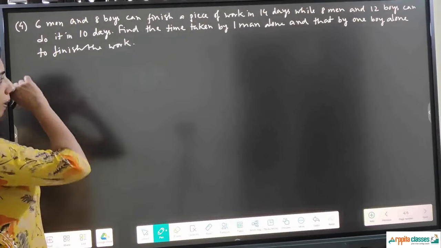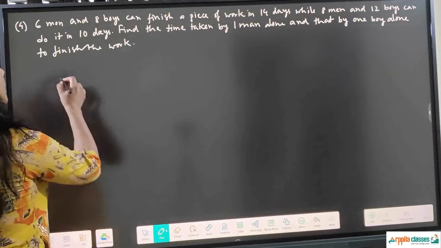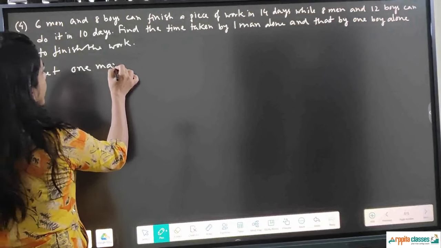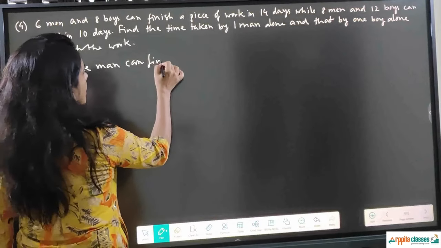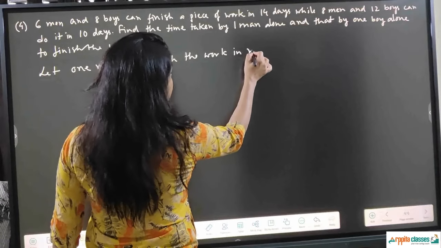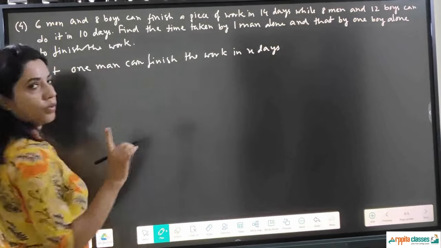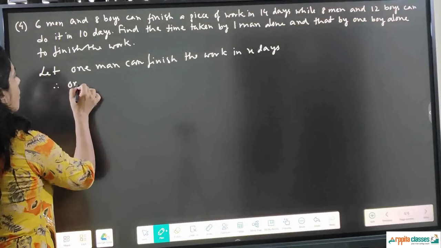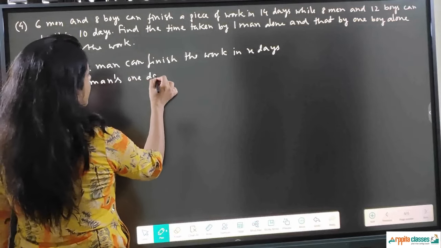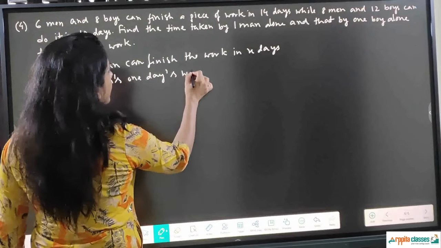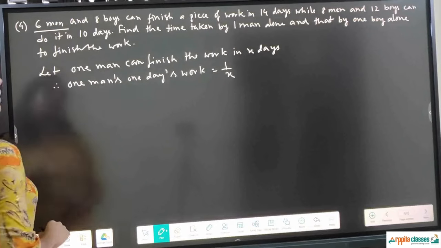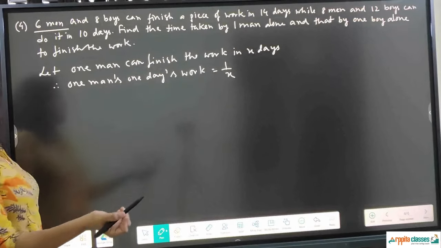6 men and 8 boys can finish a piece of work in 14 days. So let one man can finish the work in x days. So we'll always find out 1 day's work. Therefore, 1 man's 1 day's work is equal to 1 upon x. 6 men, so 6 men's 1 day's work will be 6 upon x.